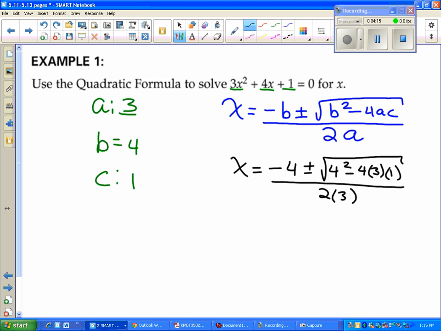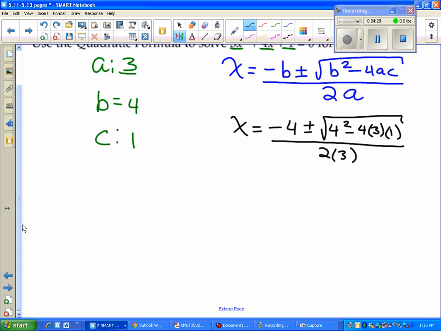This is my quadratic formula. Now you can plug it into your calculator, plugging and chugging, working your way through it, and that's fantastic. Can you do some of this in your head? What is 4 squared? 16. What's 4 times 3 times 1? So this is minus 12.